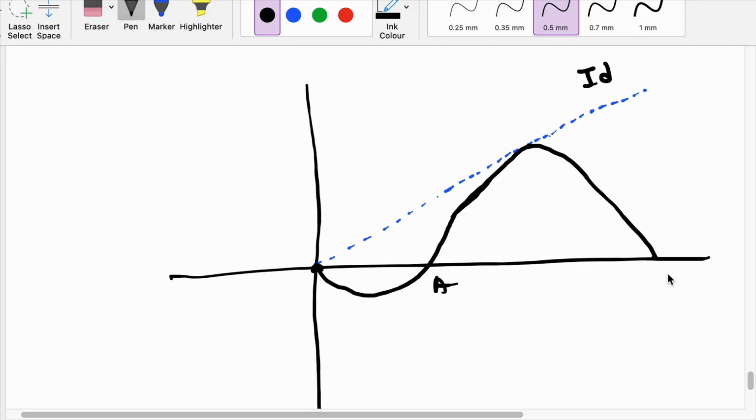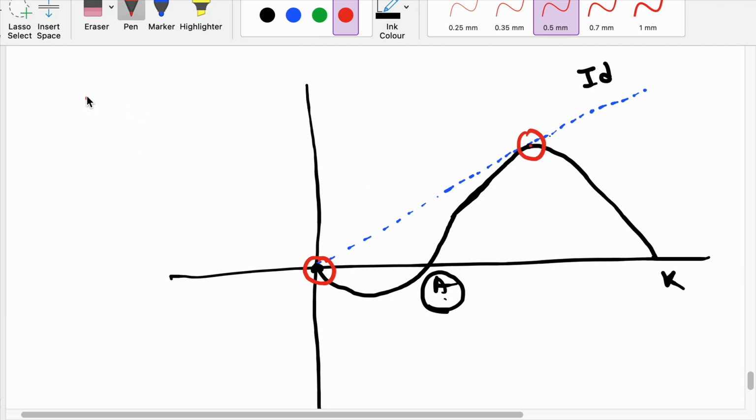This is a, this is k, and this is 0. So if I choose my coefficient k in such a way that only two fixed points are there, one corresponding to this and the other corresponding to this.